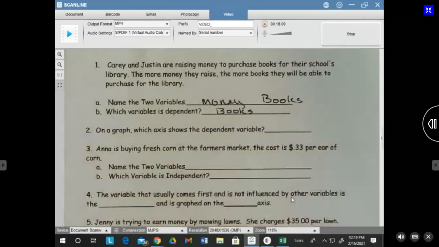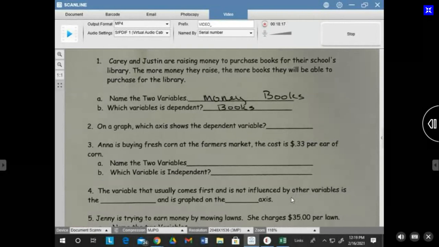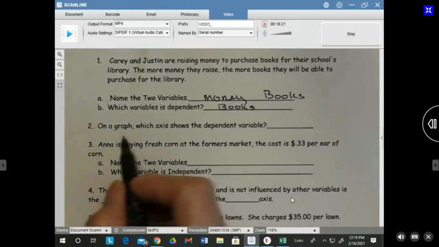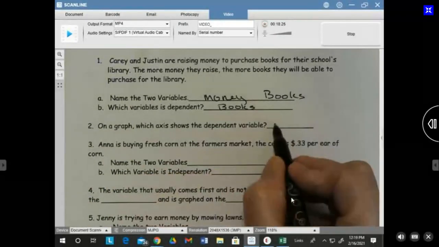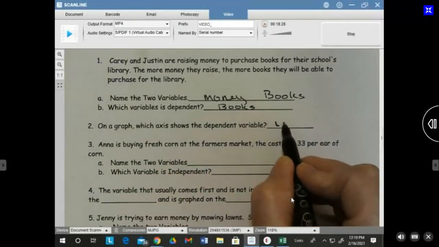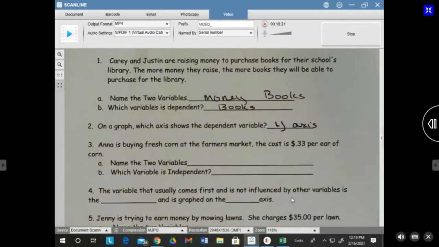So books is going to be my dependent. My dependent variable is also known as my what variable? Y. So on a graph, the axis that shows the dependent variable is the y-axis. Y is my dependent.